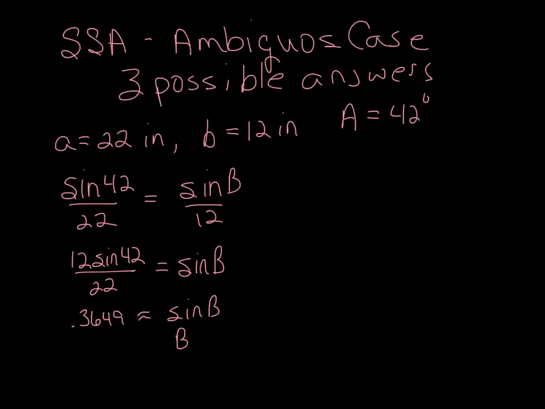If we know the sine, how do we figure out the angle? Arc sine. So on your calculator, second sine, second answer. And you should get that angle B is approximately 21.4 degrees.